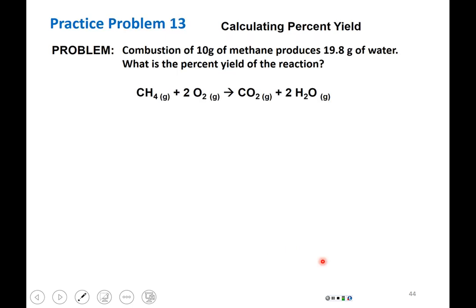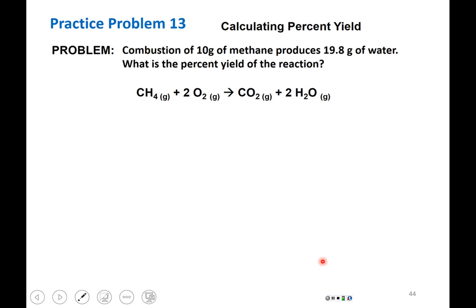Okay, let's try a last practice problem. Combustion of 10 grams of methane produces 19.8 grams of water. What is the percent yield of the reaction? In this case, we're not given the amount of oxygen.